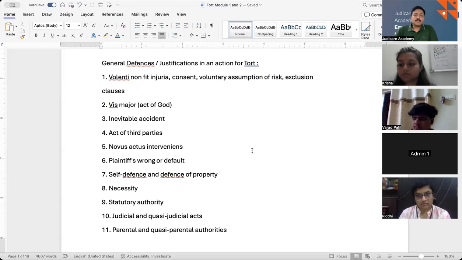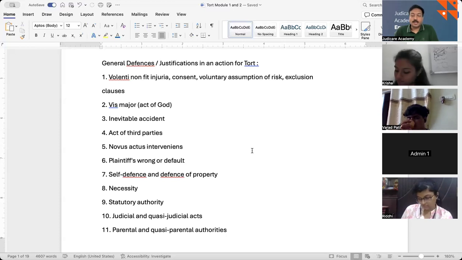The next point is plaintiff's wrong or default. This is another defense or justification based on the plaintiff's wrongdoing or default, which occurs when the plaintiff's own actions contribute to or cause the harm they suffered. This can significantly impact their ability to claim remedies.